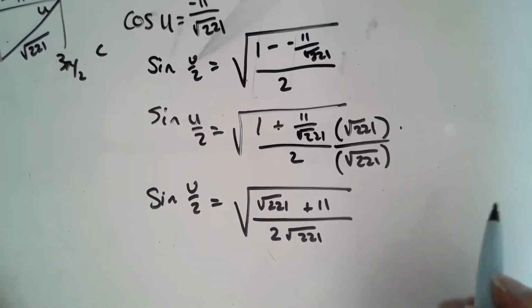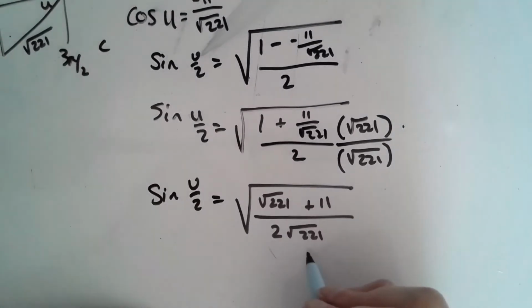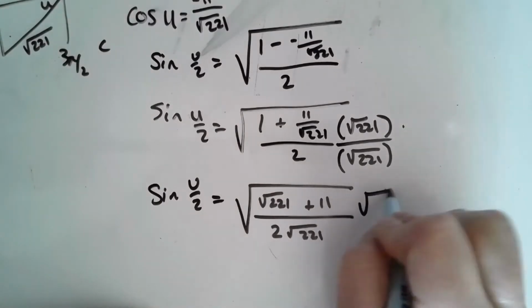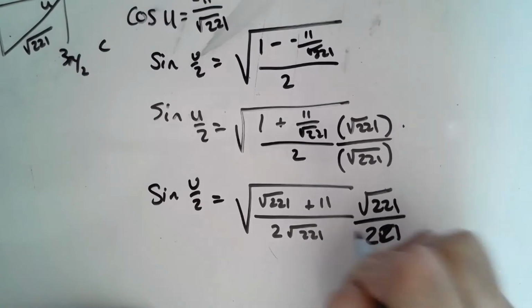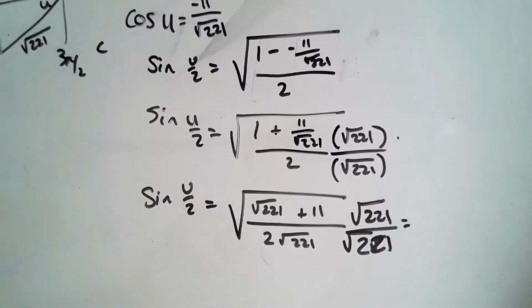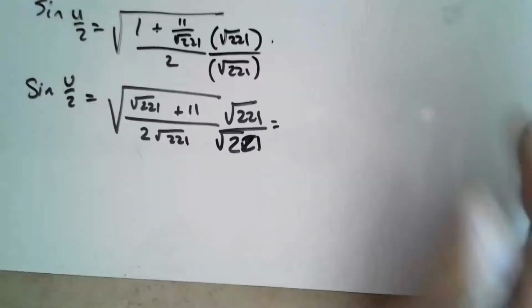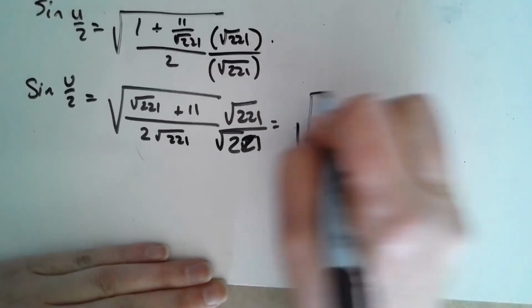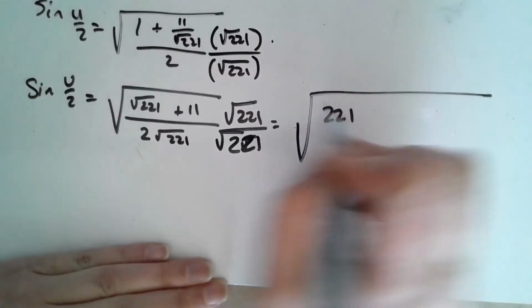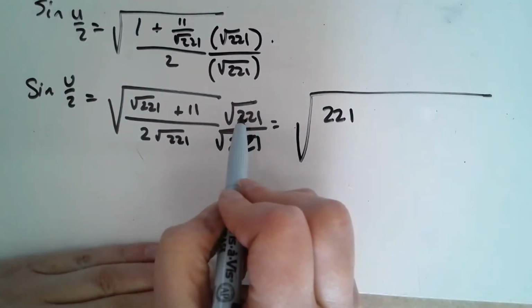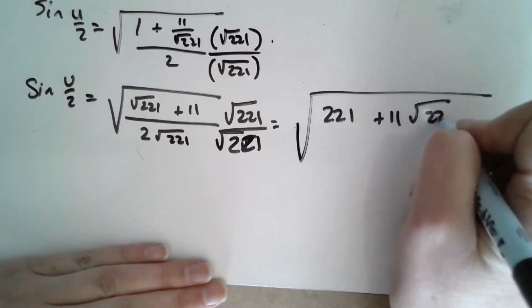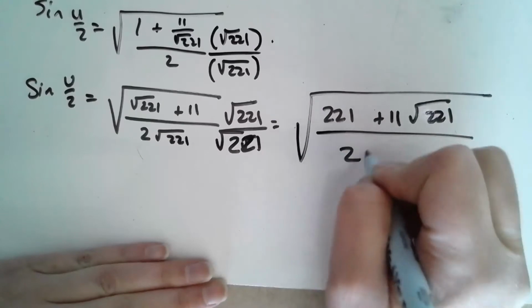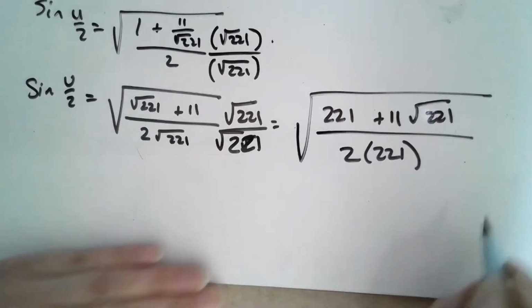Okay, we cannot have radicals in the denominator, so we're going to multiply by square root 221. Square root 221 times square root 221 is 221, plus 11 square root 221, all over 2 times 221.